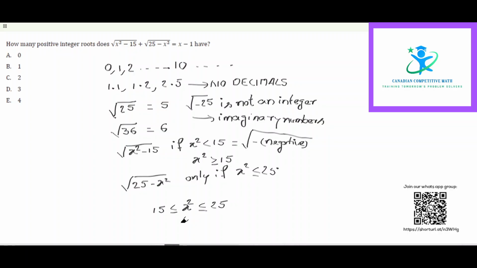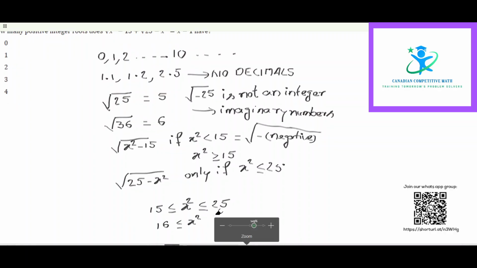Right. So since x is a positive integer, we can neglect 15 and write it as 16 is less than or equal to x squared is less than or equal to 25.